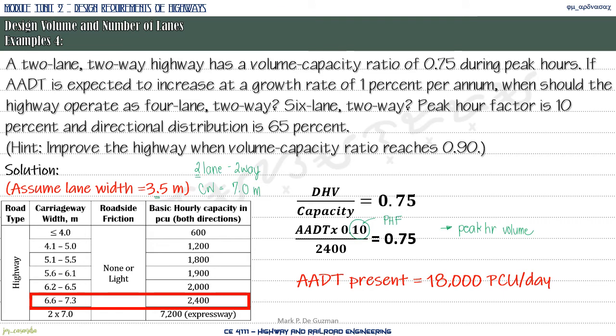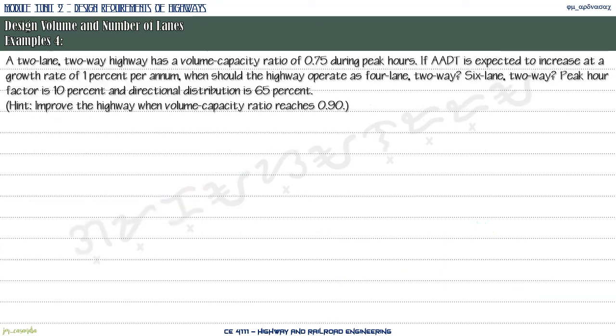So meaning, at present, with 0.75 volume capacity ratio, we now have a present number of vehicles passing through our road section for the whole year as 18,000. So with this, we now solve for your future volume.